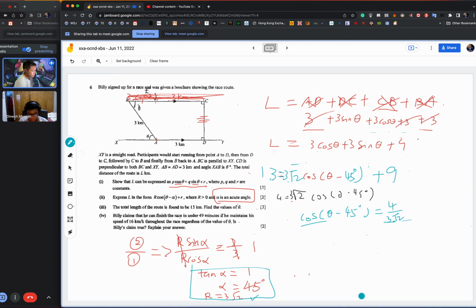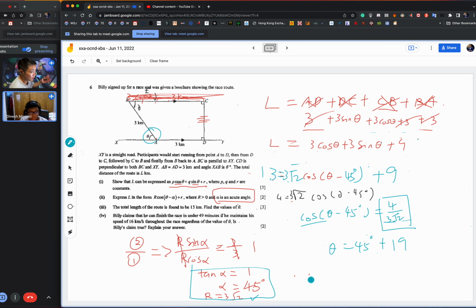I thought cosine can't be more than 1, right? Oh, okay, what is this value? Oh, okay, then makes sense. So theta equals 45 degrees plus the 19 point something, right? Okay, good. So you are not going to get another value of theta because theta here is less than 90.